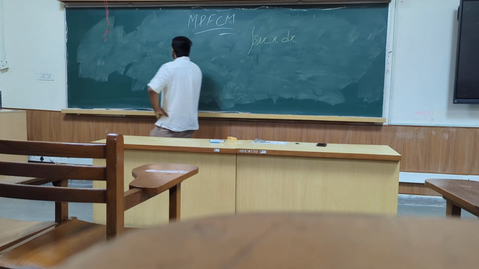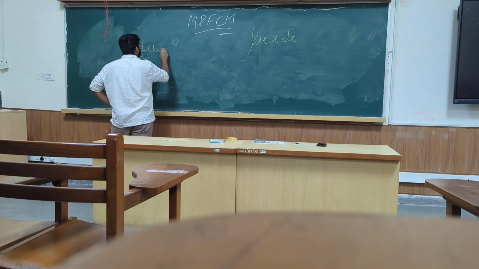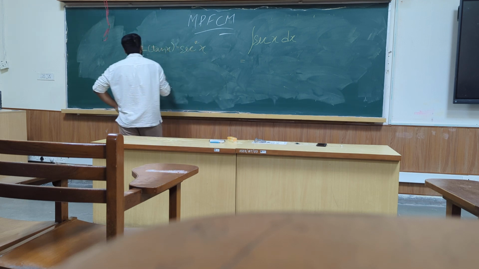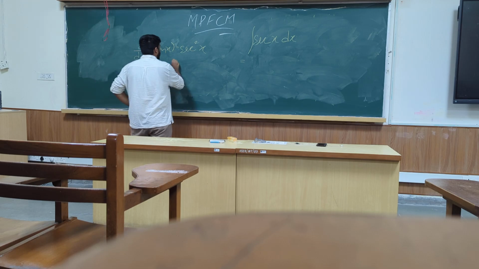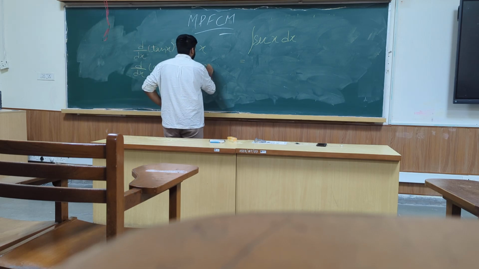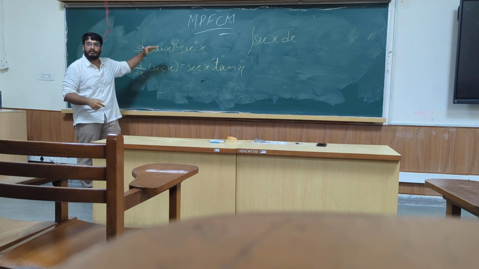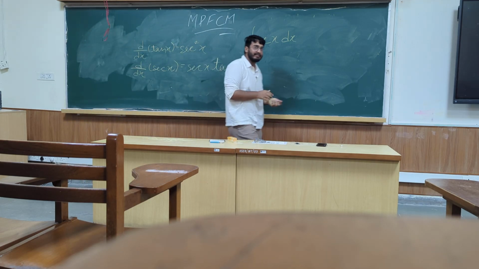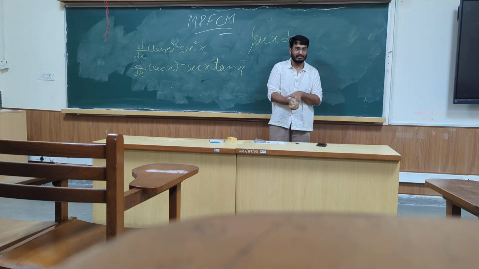So we have d/dx of tan x, which if I'm not wrong, please correct me if I am, is secant squared x, and d/dx of secant x, which if I'm not wrong, is secant x tan x. Am I right with both of these derivatives? Now I notice something, that both of them have a secant x term here.